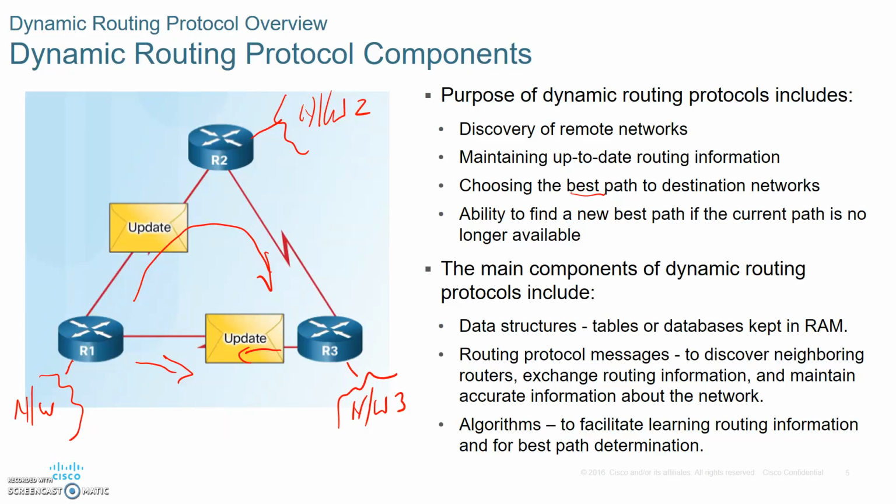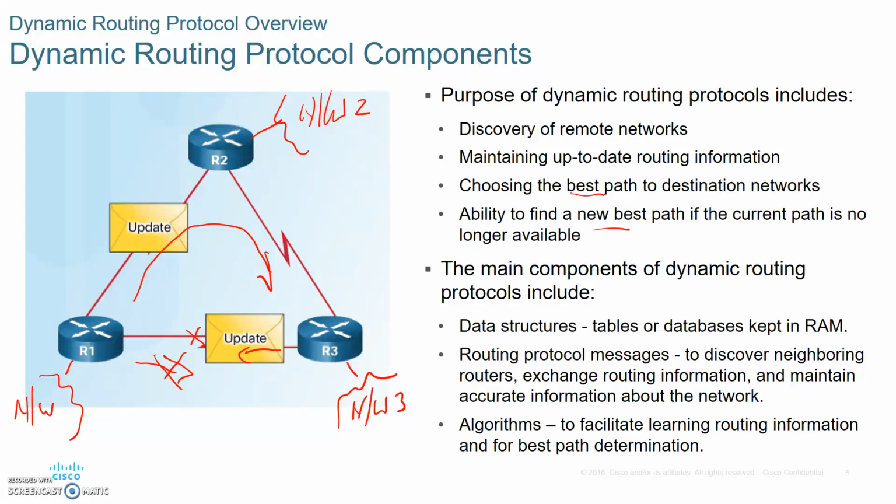And finally, if the best path went down, let's say I want to use this path and this path goes down, maybe due to the link went down, R1 is able to find a new best path, that's to use the alternative path automatically when the current path is no longer available. So that's the four main purposes of using dynamic routing protocol.